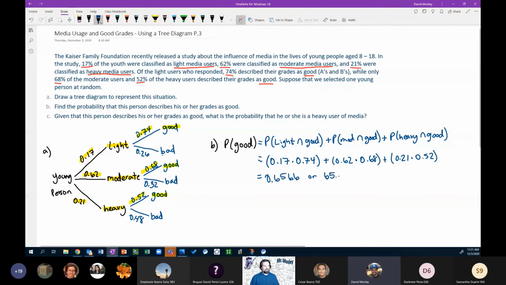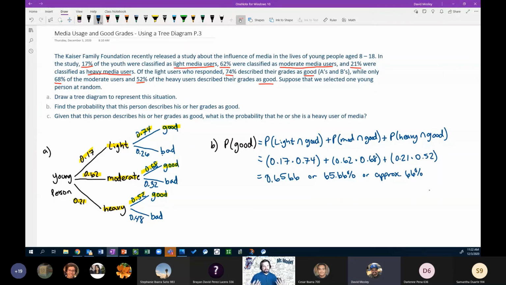or 65.66%, or we can say that's approximately 66%. And I'm showing you the different ways to represent the answer. Sometimes your answer may be requested to the nearest whole percentage. We round.